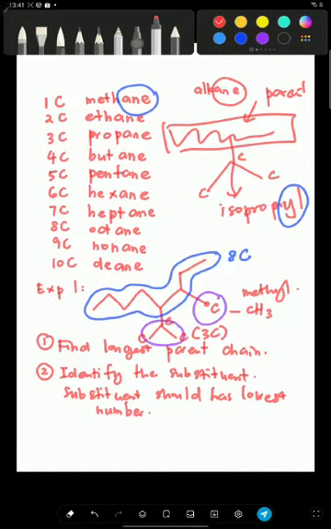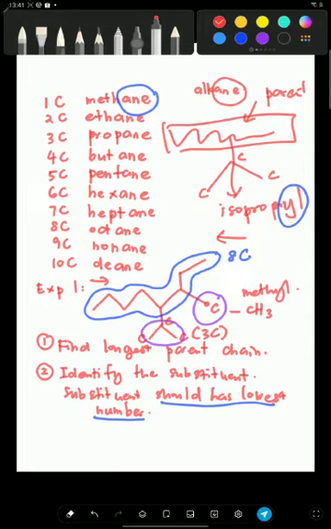After that, you need to locate the location of the substituent. Here should has lowest number. So you need to count from right to left or left to right.